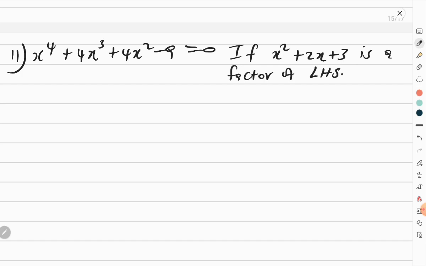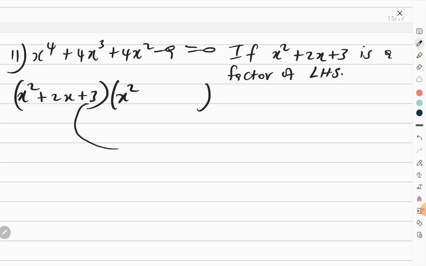If it is the factor of the left hand side, we basically have x squared plus 2x plus 3, then times, since we have x to the power of 4 here, which means we need x squared here, and also, since we are having negative 9, negative 3 times what to get negative 9? Of course it is going to be times negative 3. So we also have this bx in between.